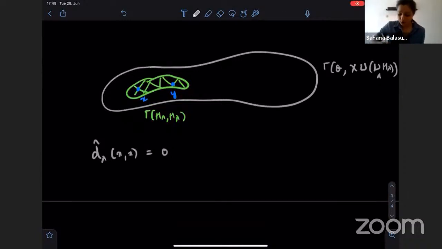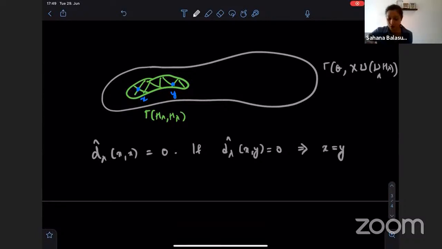And conversely, if this relative metric takes the value 0, then it implies that X equals Y, because what this is telling you is that you did not take any edge in order to go from X to Y, and therefore you stayed at the same place, and therefore X must equal Y.